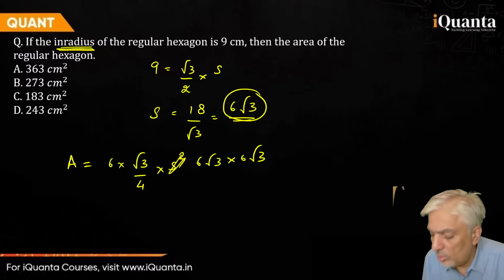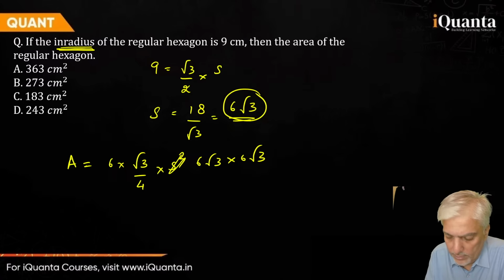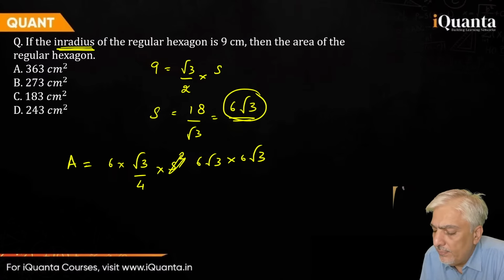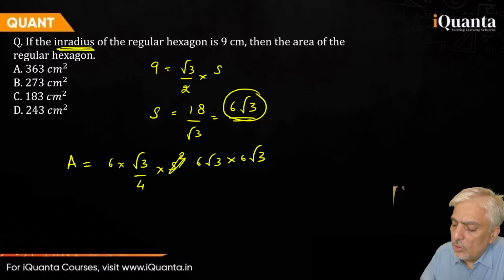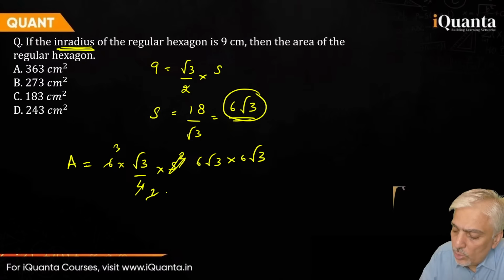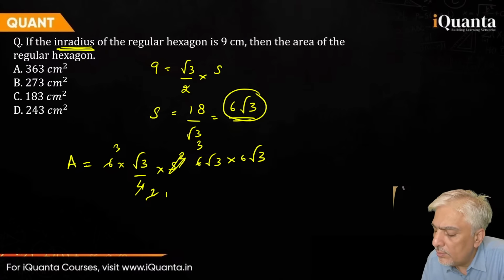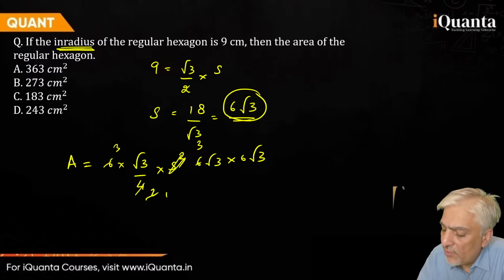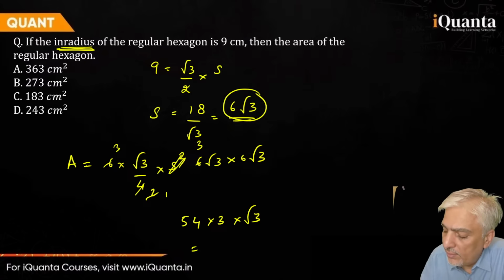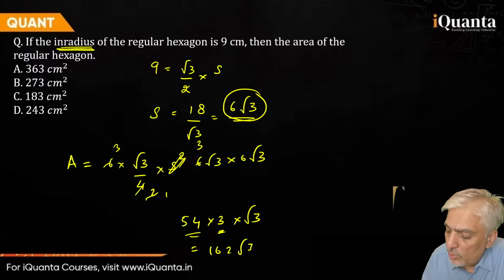Ouch. Something went wrong. The option is not matching. 6 6s are 36, 3 6s are 18, so 54 root 3. Have I made a mistake? Can somebody check? I don't think so. I made a mistake. 9 6s are 54 into 3 into root 3. 162 root 3.